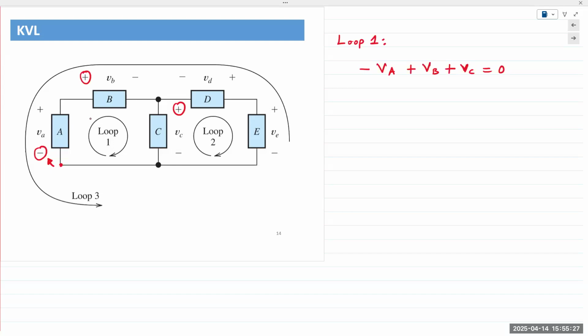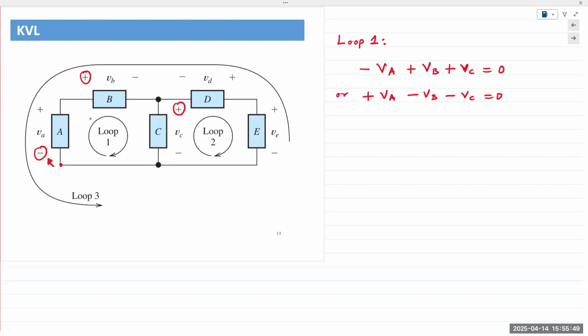If it's a voltage drop, going from plus to minus, you enter negative. Regardless, you will arrive at the exact same equation: plus VA minus VB minus VC is equal to 0. It doesn't matter at all what you choose.